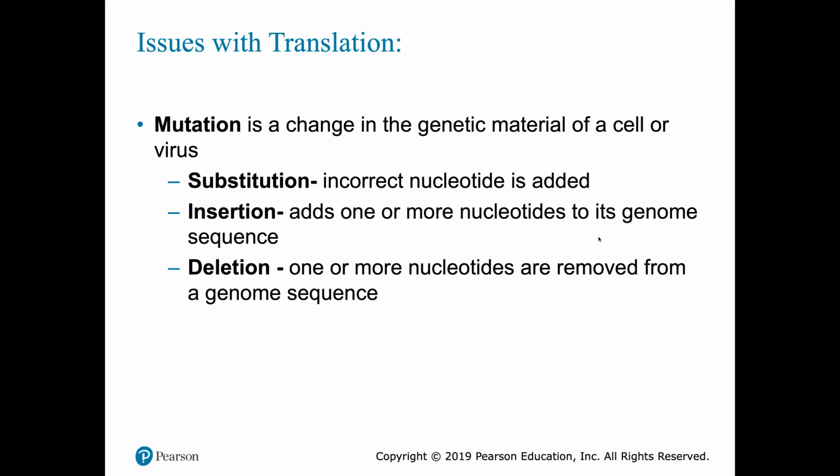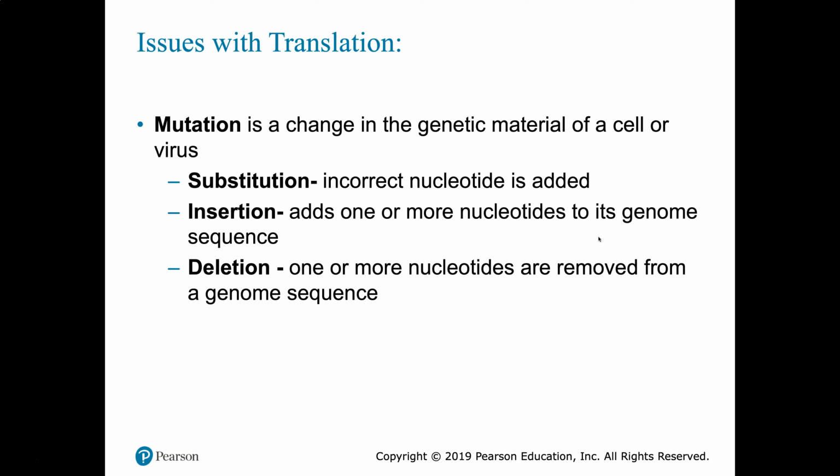Then there are 2 others. If you have a substitution mutation and it changes the nucleotide, and now all of a sudden you have a new amino acid that's coded for, that is called a missense mutation. For instance, let's say the sequence is CCC, and the middle one changes, and now it's CAC.